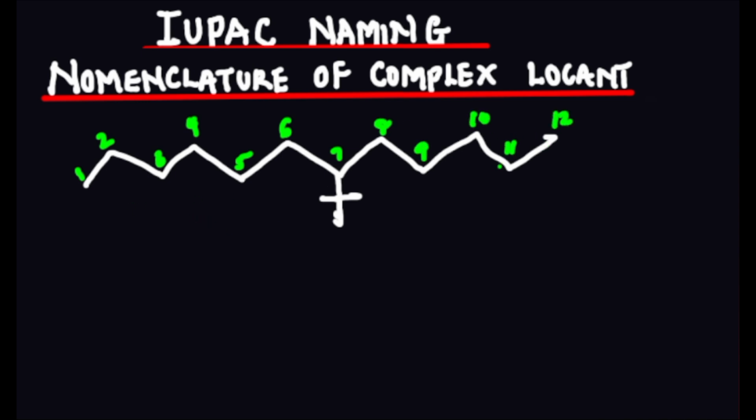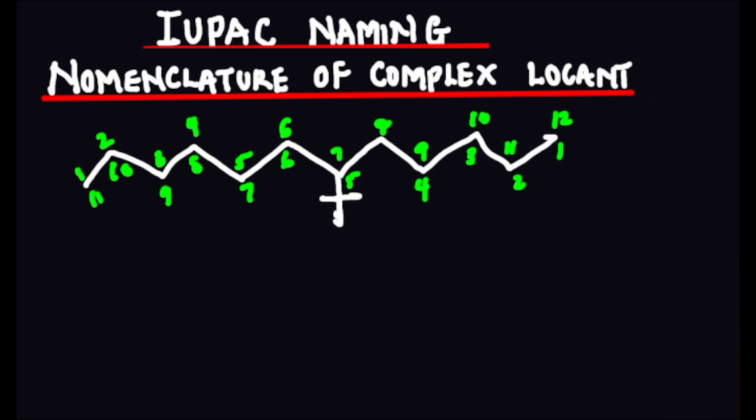Backward at the same time, we're going to have 1, 2, 3, 4, 5, 6, 7, 8, 9, 10, 11, right? Now, if you look at this very well, we have to consider something here, right? Because we have a substituent at position 7 and 5, rather. We have something at position 7 and 5, right?